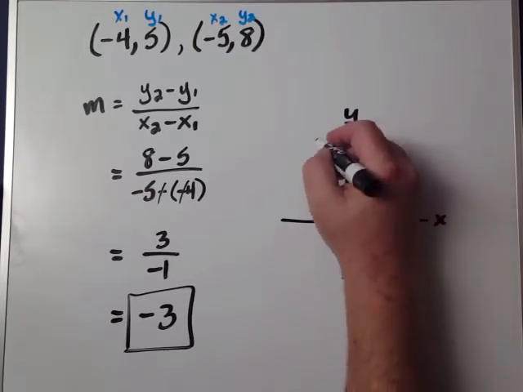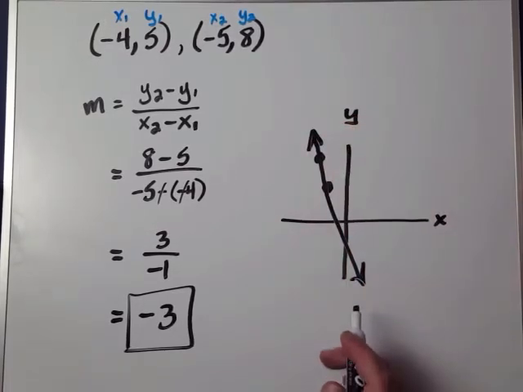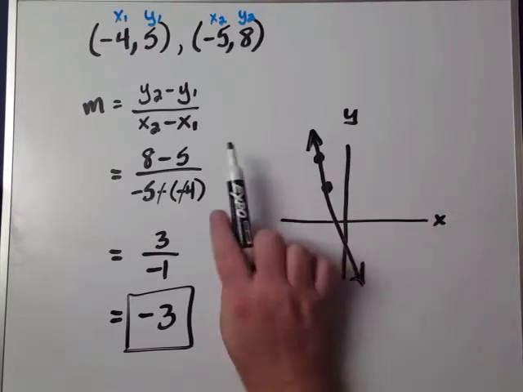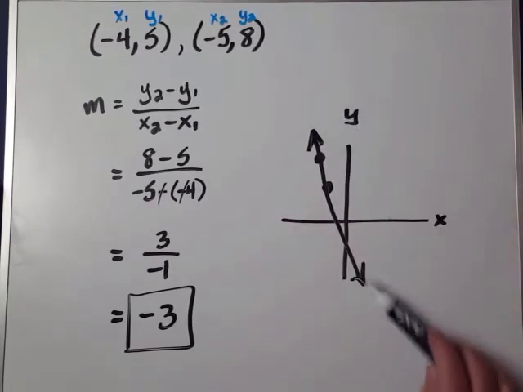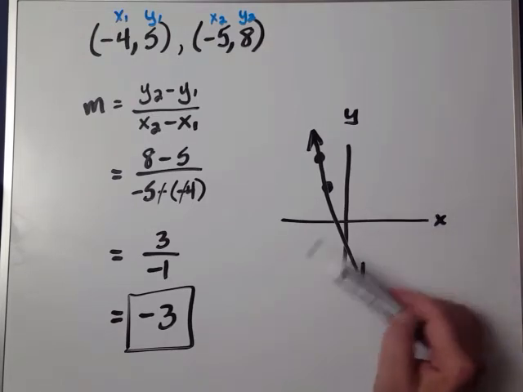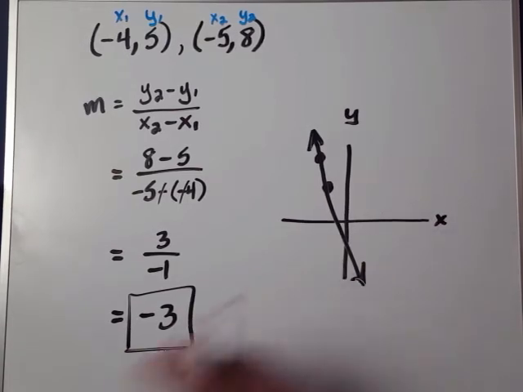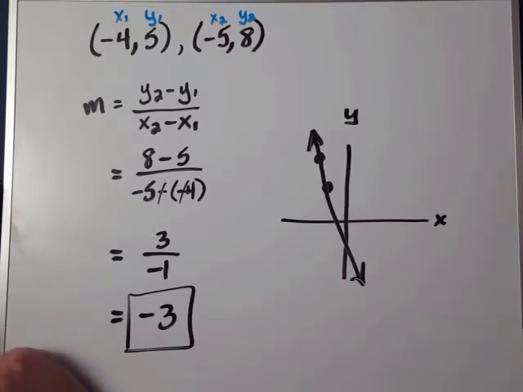Well, now I have this line, and notice that it falls as we travel from left to right. This line falls. What did our other line do? Our other line was rising from left to right. It was rising as we went from left to right. And what kind of slope did it have? It had a positive slope.